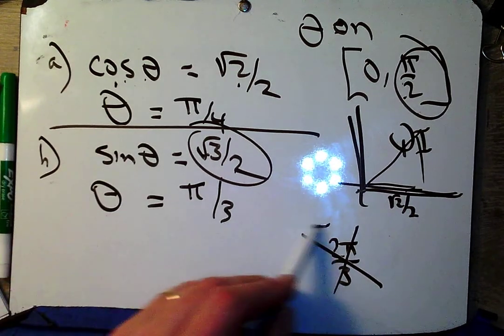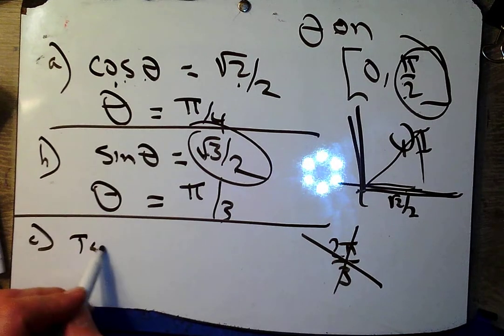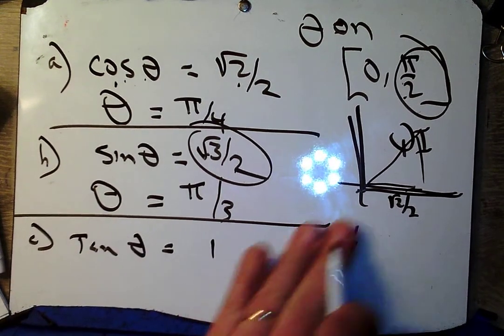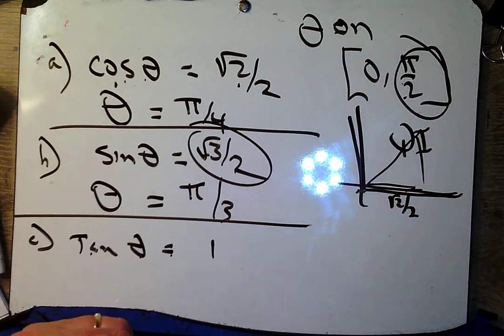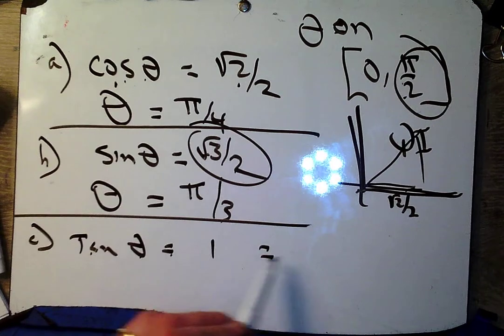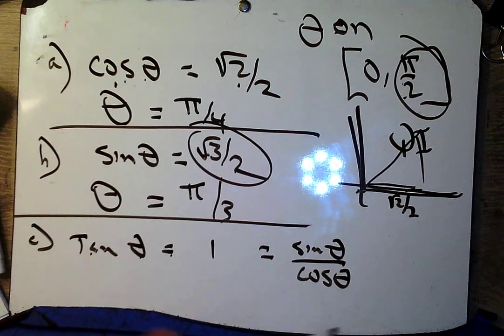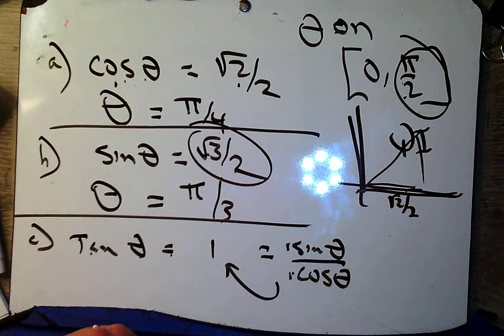Okay. And C, how about tangent of theta equals 1? We're looking to find out what angle has a tangent of 1. So I know that tangent is sine over cosine. And what has to be true about these values if our answer is 1?